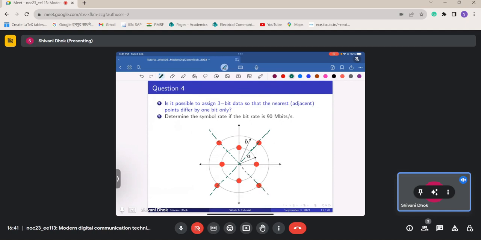Now let us look at the second PSK signal that we are having. The second one is having its first point here. So the decision region for this will be this region. Then the decision region for this will be this region. That is this region.